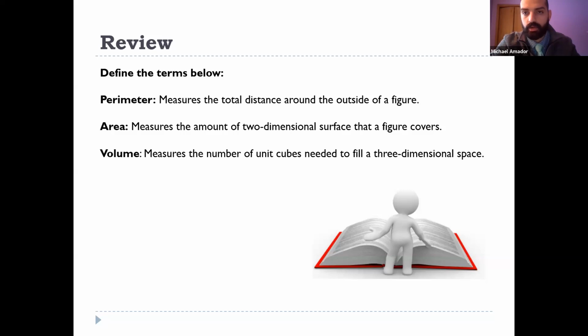Great, I see Sonovia's hand, Eric's hand, Silas's hand, Lissandra's hand. Let's go with Katie. Thank you everyone who raised their hands. Katie? Yeah, area equals length times width. Area is equal to length times width.